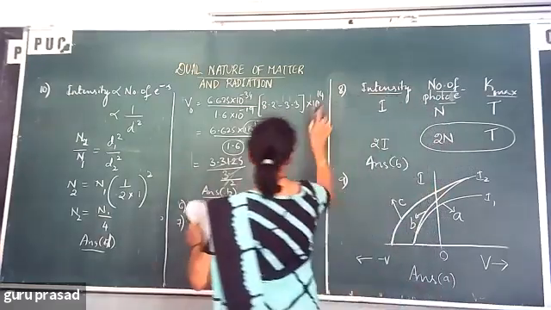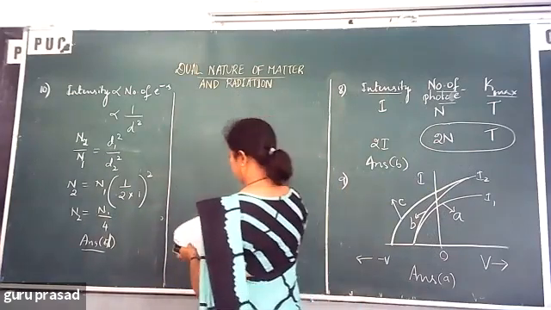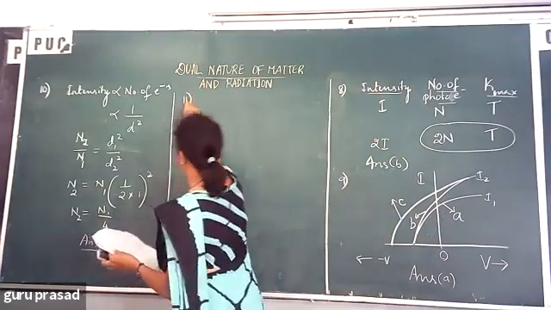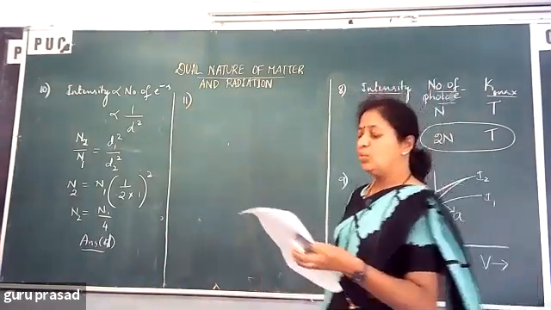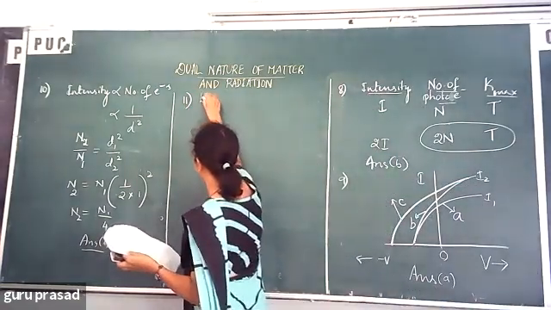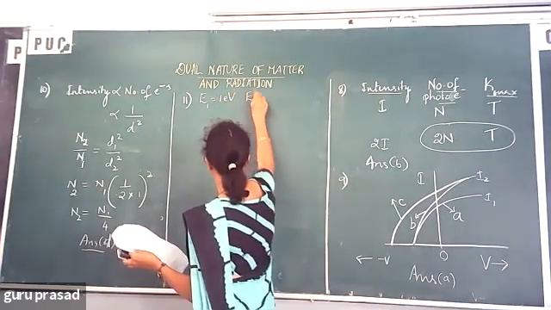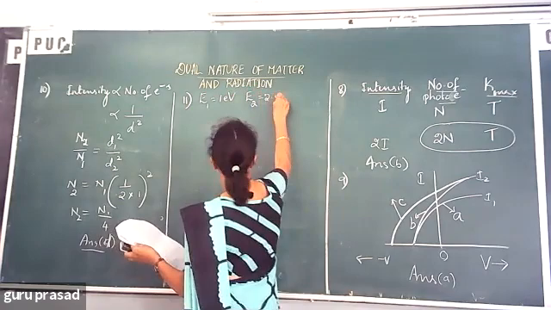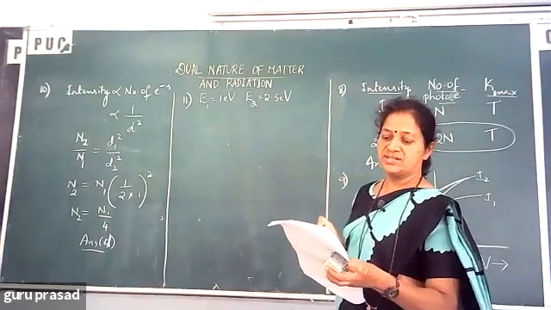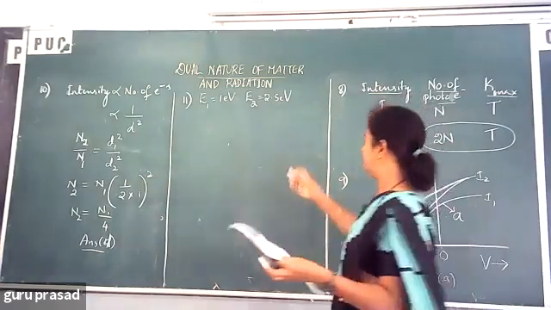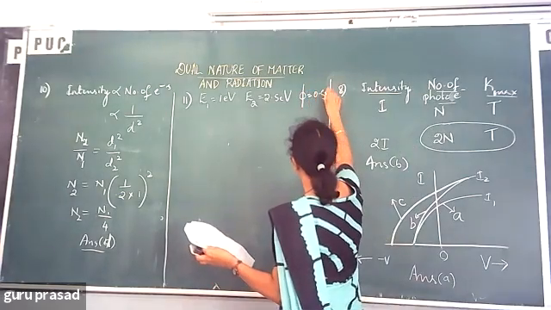Next, 11th one. Two radiations of photons, the first one with energy E1 equal to 1 eV and another with energy 2.5 eV, illuminate a photosensitive metallic surface of work function phi, which is 0.5 eV.